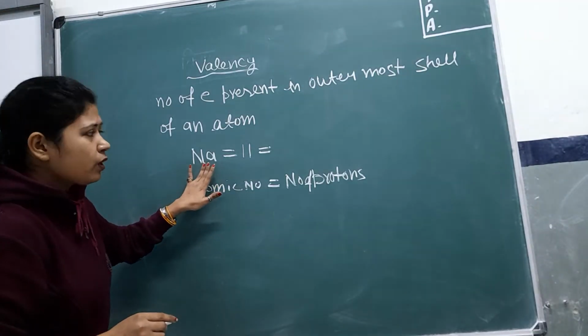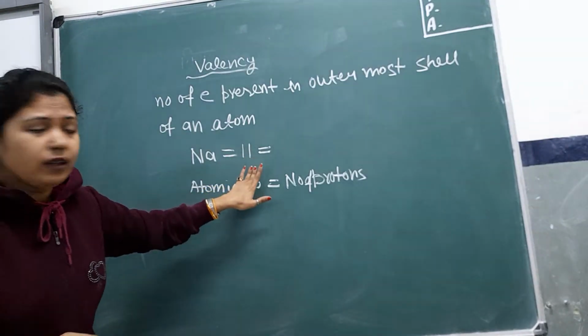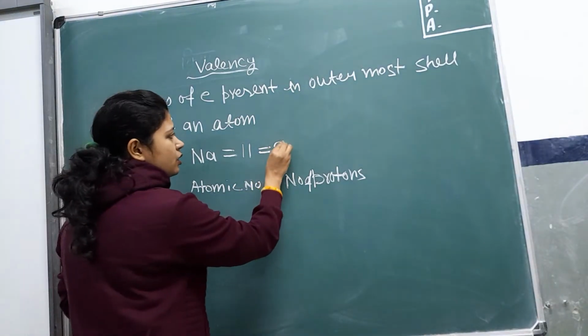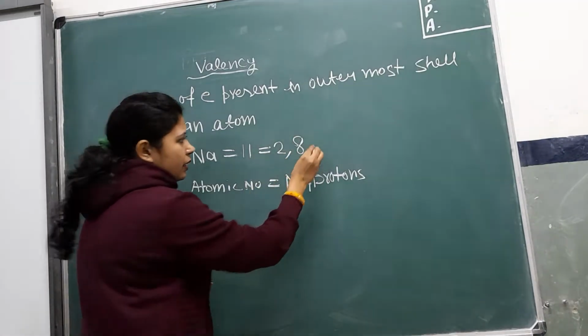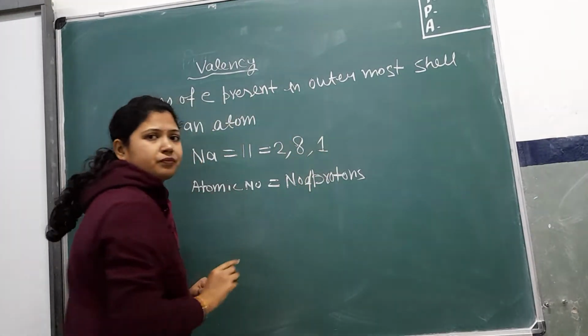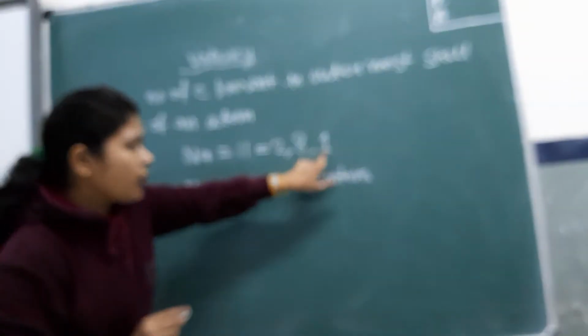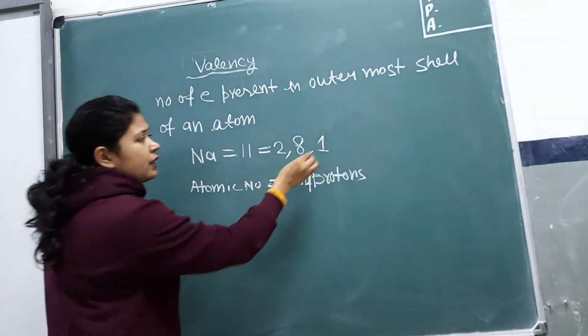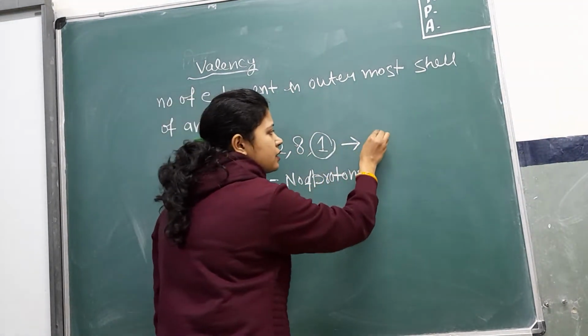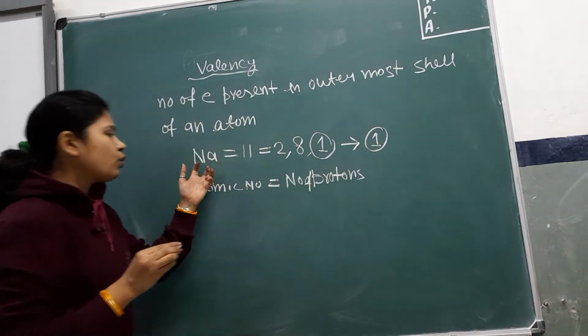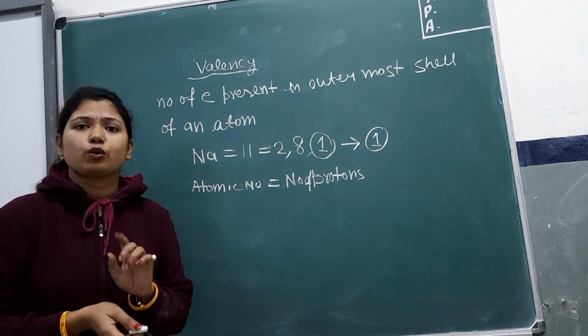So, sodium, whose atomic number is 11, can be written as 2 electrons in the first shell, 8 in the second, and then 1. This 1 electron present in the outermost shell will be counted as the valency of sodium. So, the valency of sodium is 1.